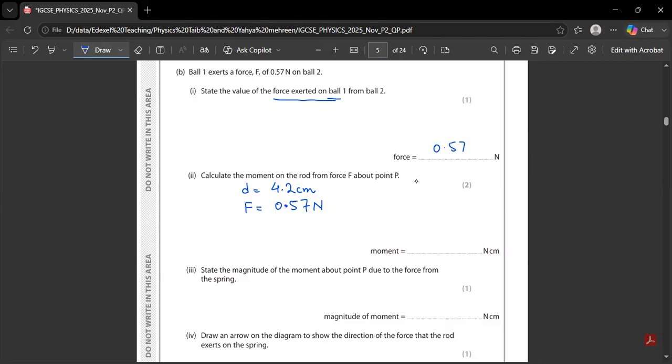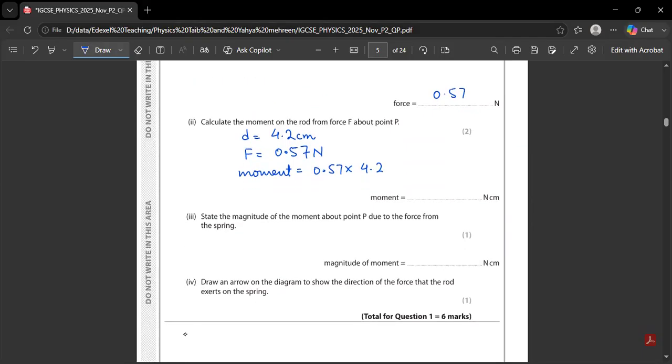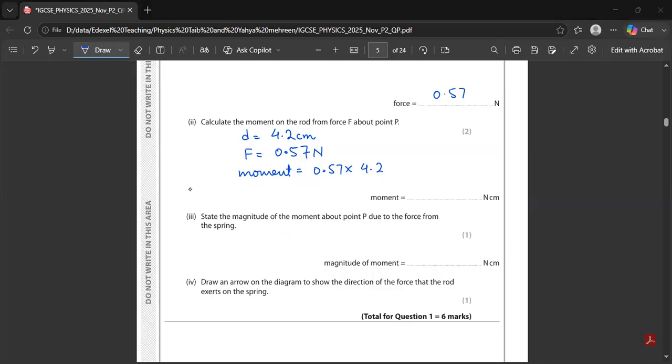Okay. So therefore, if we want to calculate moment, 0.57 times 4.2. So what answer are we getting? Please do this quickly. What are we getting? 2.394.